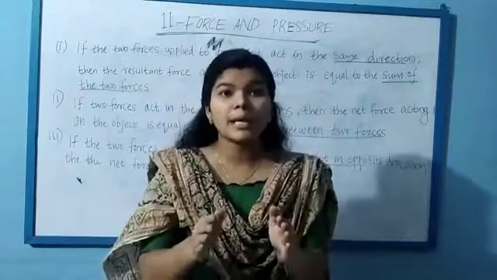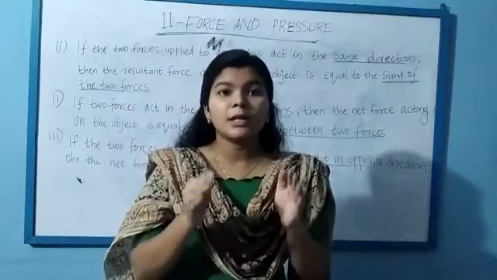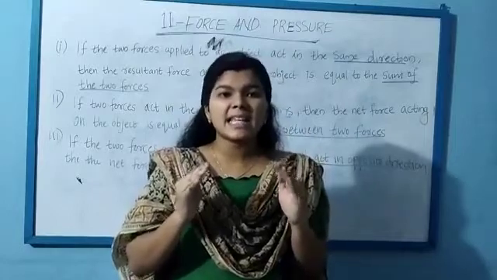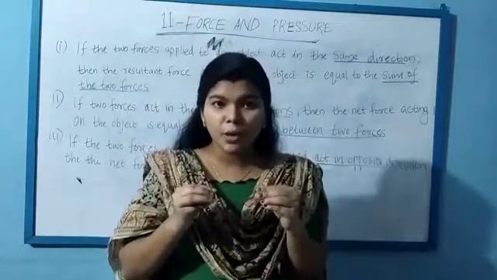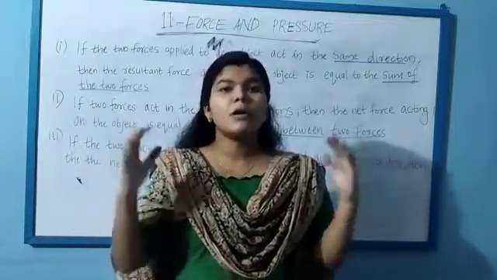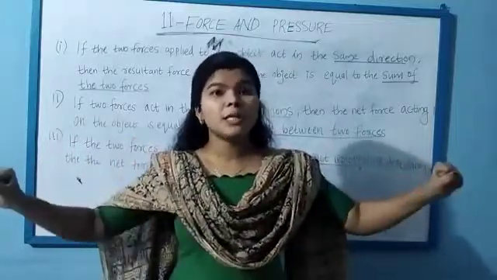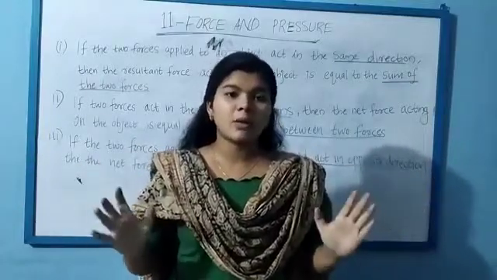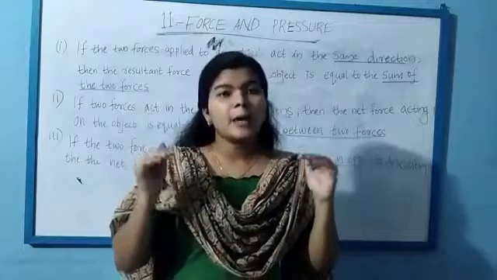At that particular time, the rope remains in the same position. There won't be any change in the position of the rope because both the teams are applying the same amount of force in the opposite directions. Therefore, the rope remains stable.